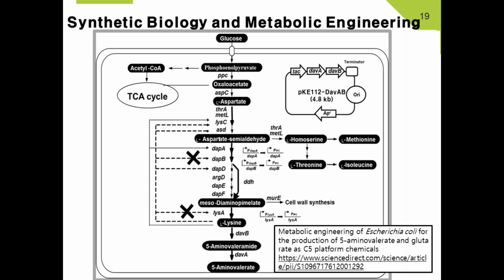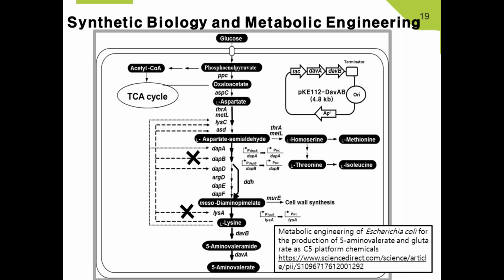Now we put those genes in a plasmid. This is a schematic diagram of the pKE112 DAV-AB plasmid that we used to make E. coli produce 5-AVA.